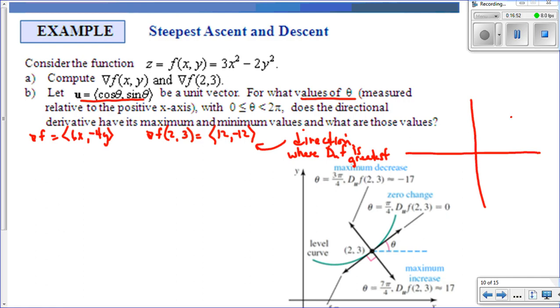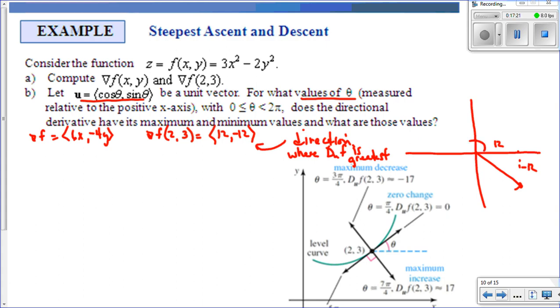So 12, negative 12 would be down here. Over 12, down 12. So that's the direction of the gradient, and that is the direction where there's going to be the maximum directional derivative.